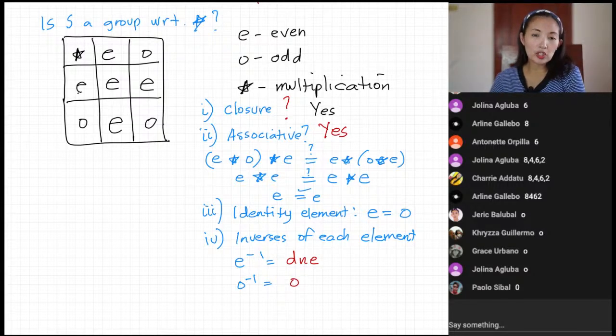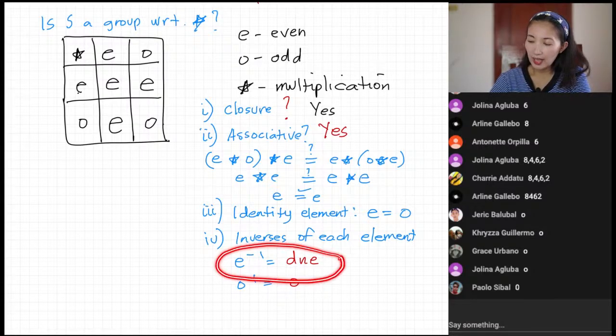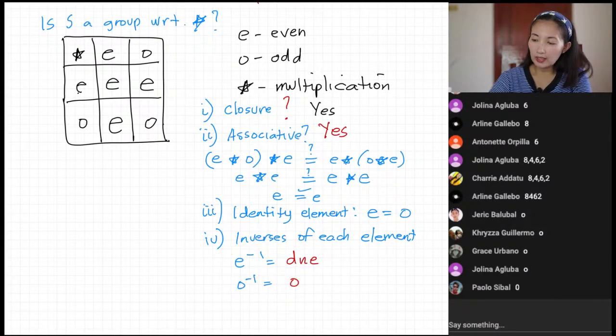And therefore, which property is not satisfied by the set under the operation defined on it? The fourth property is not satisfied. Since one of the elements does not have an inverse, and that is E, then we can say property number 4 is not satisfied. Therefore, S under the operation star is not a group.